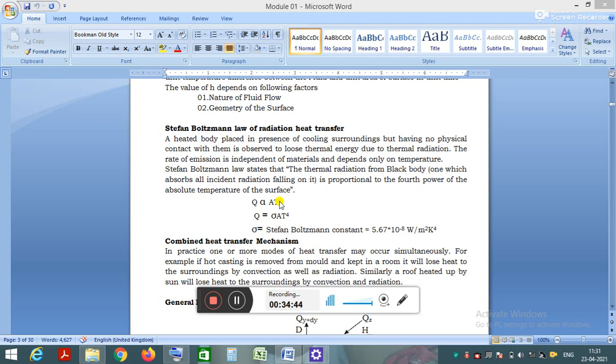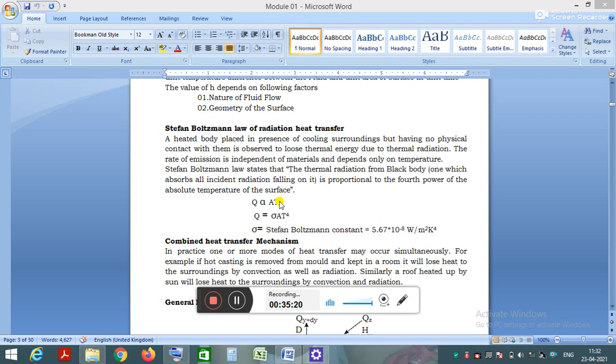Stefan Boltzmann law states that the thermal radiation from the black body, a black body being one which absorbs all the incident radiation falling on it, is proportional to the fourth power of the absolute temperature of the surface.